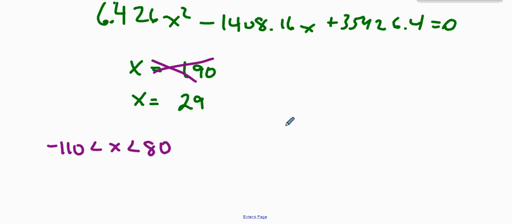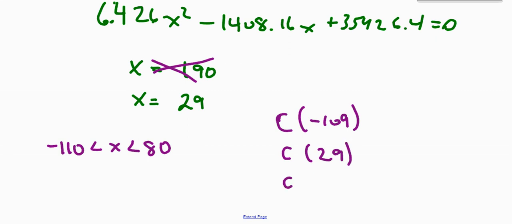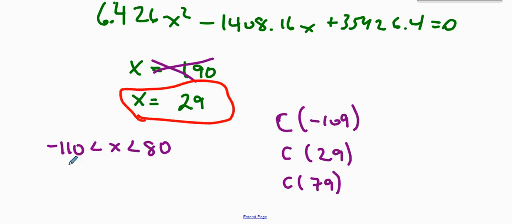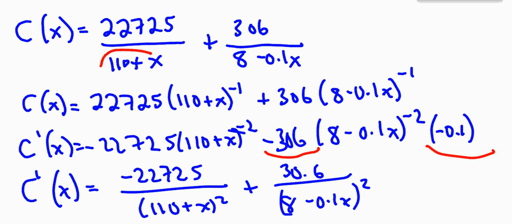So I'm going to test the cost at negative 109, I'm going to test the cost at 29, and I'm going to test the cost at 79. 29 obviously is a critical value that I just found by doing the derivative and setting it equal to 0. And the negative 109 and 79 are because I can't sub negative 110 into my formula, that would cause a bad math situation, and I can't sub 80 in because that would be bad.